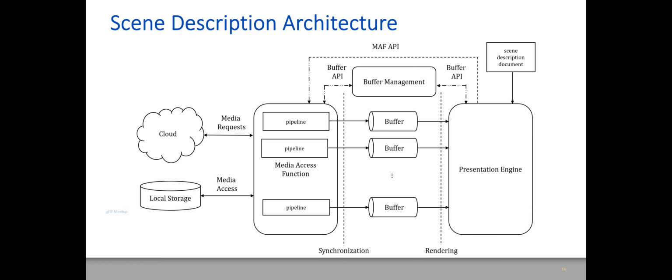Its description is also provided in the scene description, using all the known features of glTF, like your accessors, your buffer views, and so on. It will be clearly defined so the presentation engine can directly fetch the data and render it.